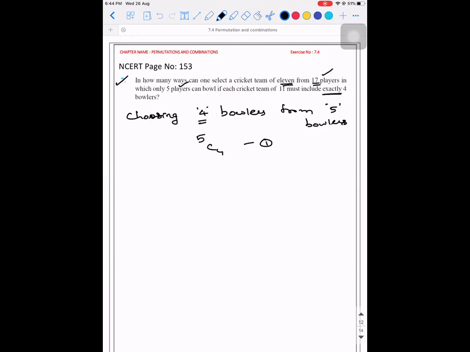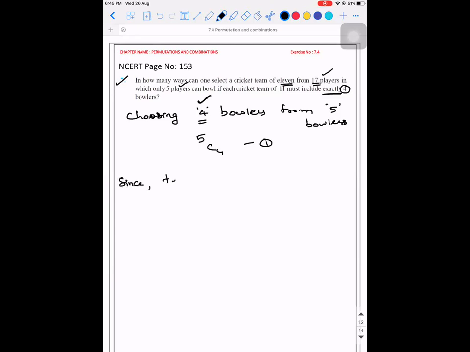Why is it 12? Because how many bowlers are needed? 4, and you have satisfied that condition. If you make it 13, you are including the other bowler also in the combination, so you're not supposed to include.